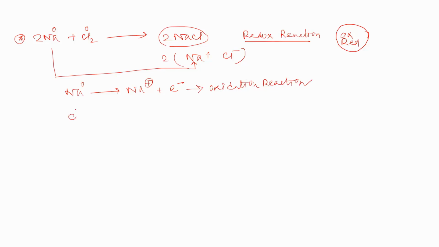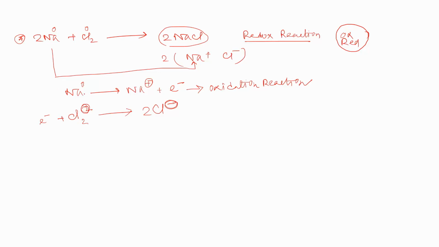Another, this Cl2 is Cl with 0 oxidation state, Cl2, it is forming 2Cl-. So 2Cl- means here 2 electrons. So here 1 electron is excess, so here I will write 1 electron.